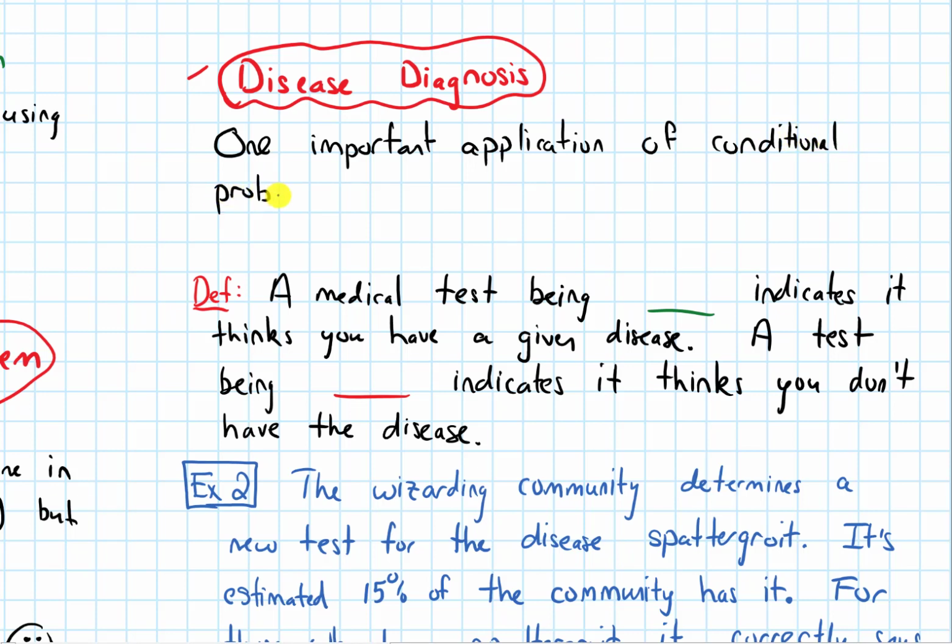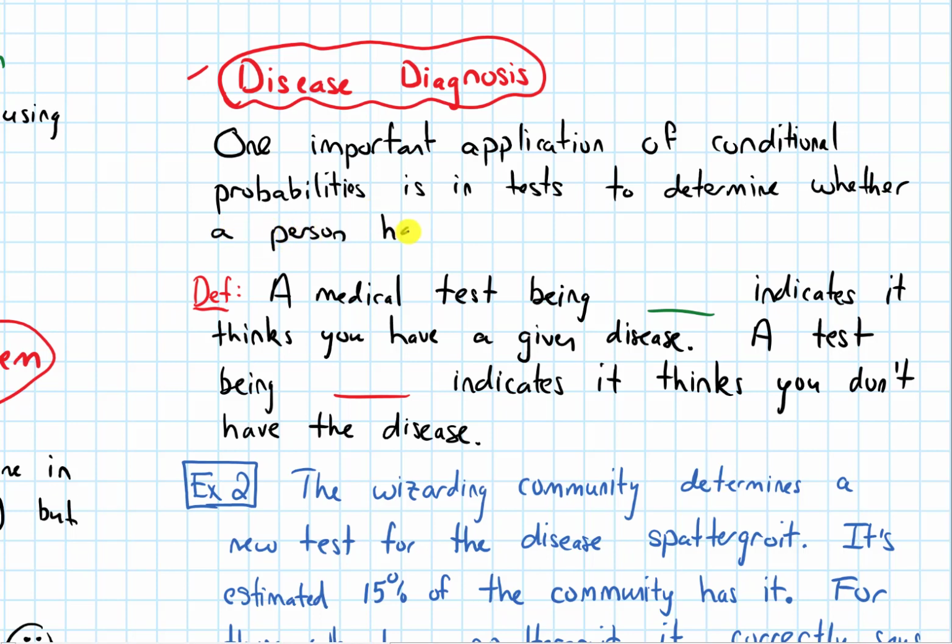One important application of conditional probabilities is in tests to determine whether a person has a disease.